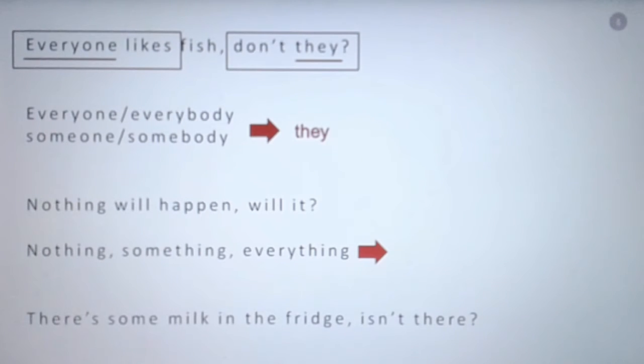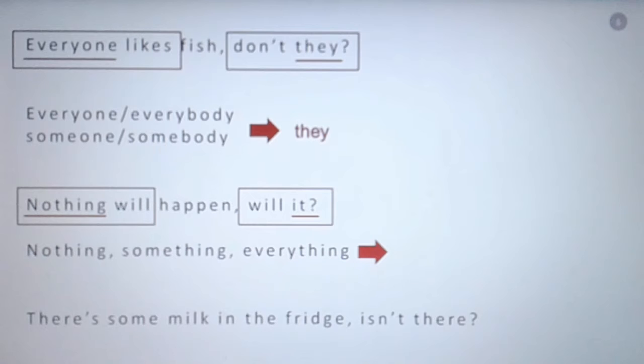The next sentence is nothing will happen, will it? So if you use nothing here, we need to use it as the pronoun. However, take a look. Why do we use positive will if the sentence here, the will is still positive?